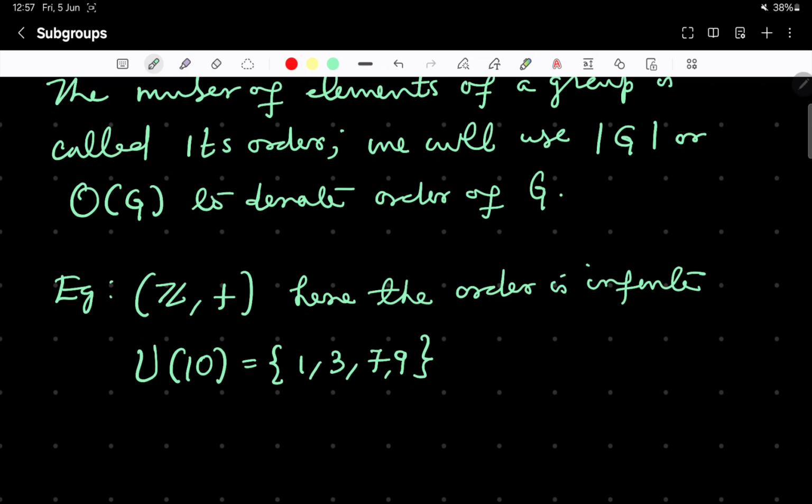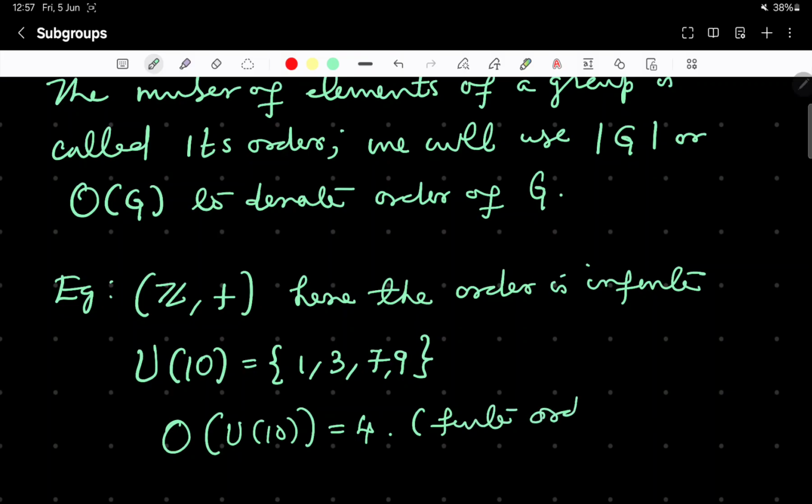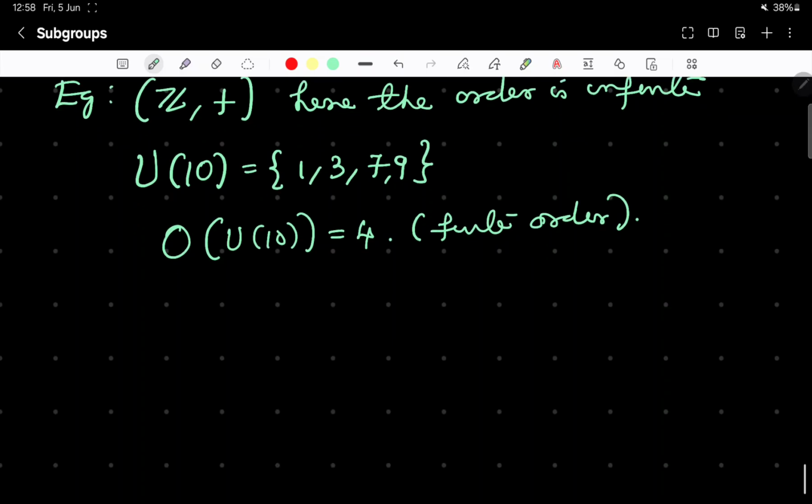So the order of U10 is only 4 elements. In this case we call it a finite order. That's about group orders.